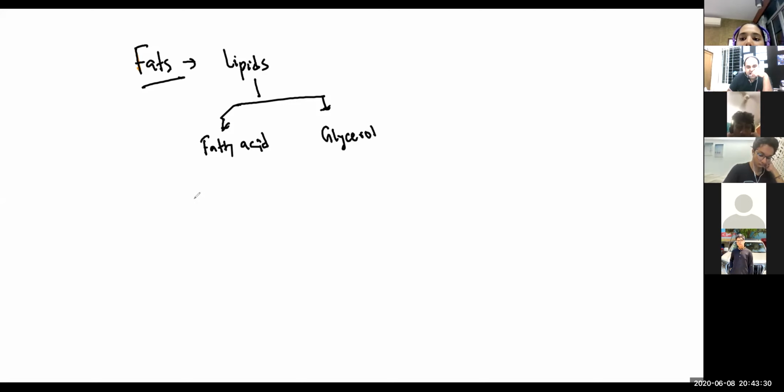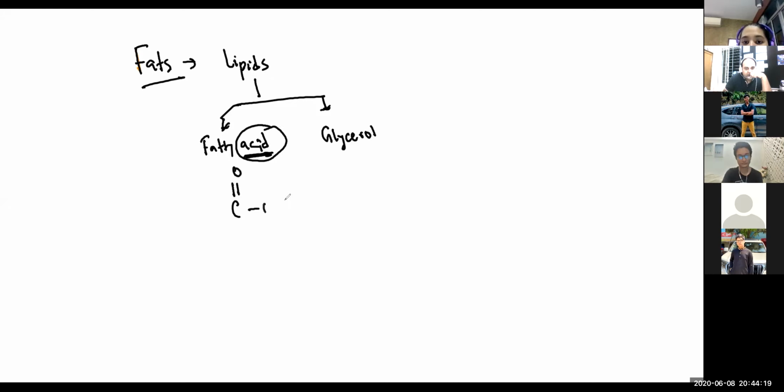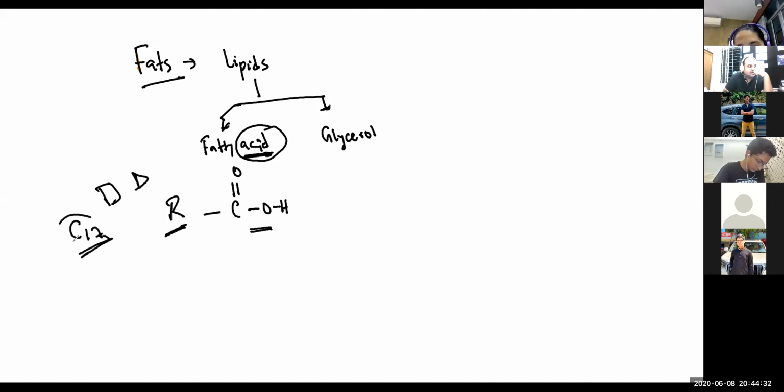So fatty acid, the term acid, what functional group does it have? Carboxylic acid. Very good. So it has a carboxylic acid with an R. এখন what is R? R could be anything. It could be a box, it could be a square, it could be a 17 carbon chain, whatever. ওলিক অ্যাসিডের নাম শুনছো তোমরা?